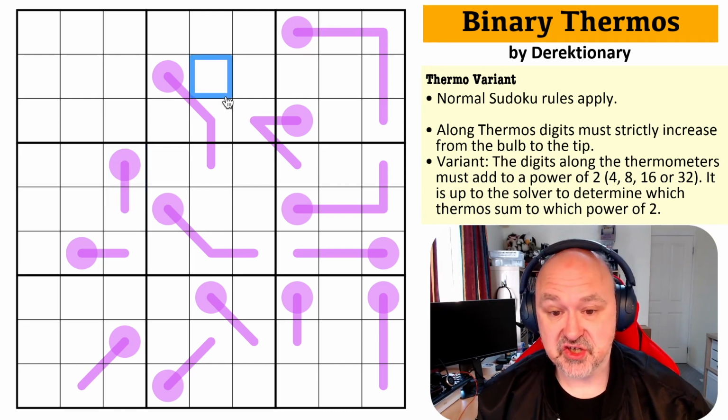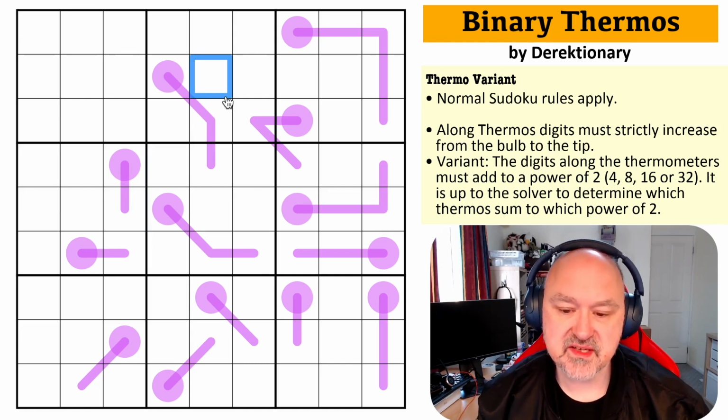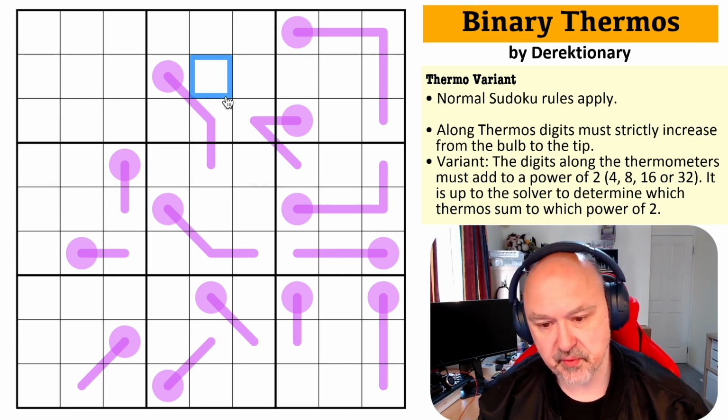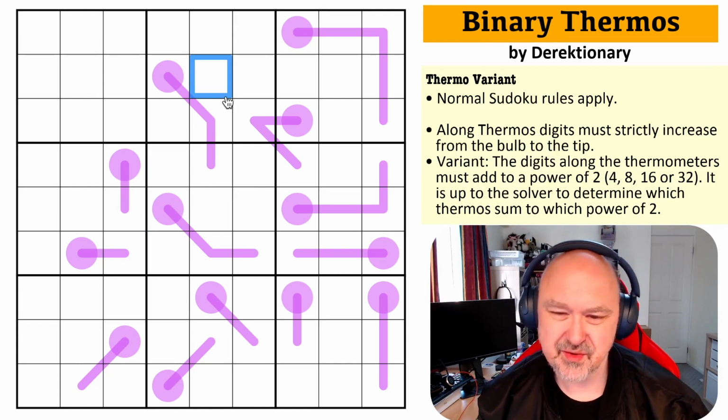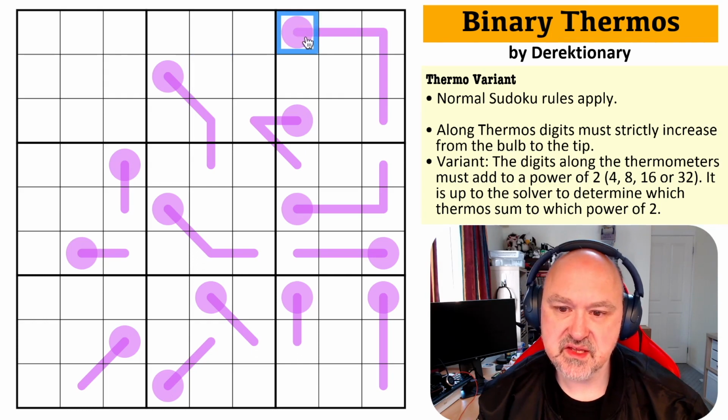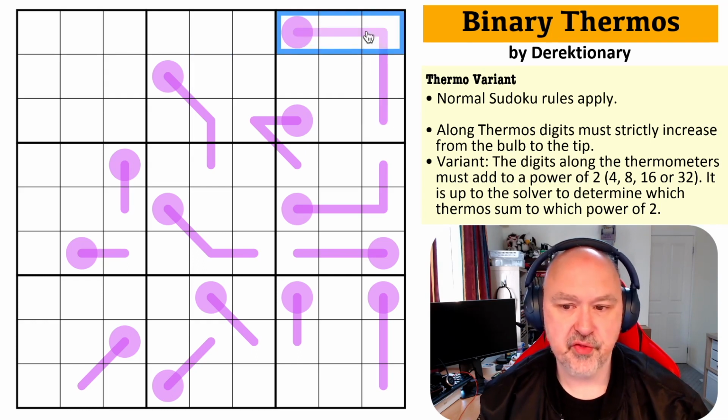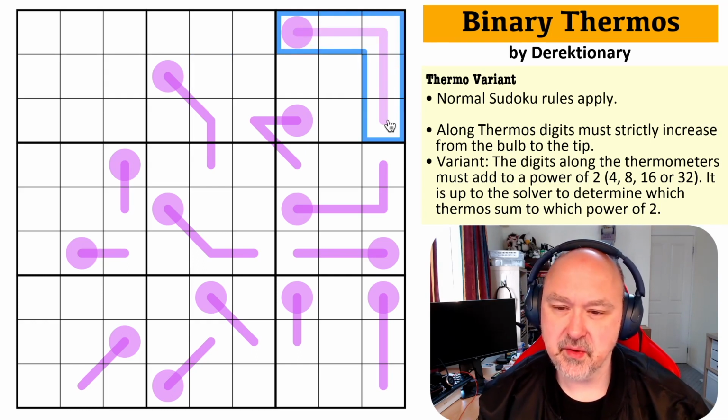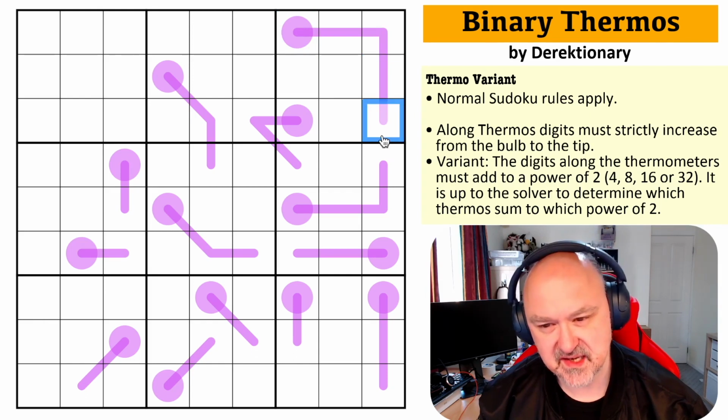Let's give this a shot. So basically they work as killer cages where the digits will be placed in a particular order. So I really should be addressing this kind of like a killer puzzle. So this thermo cage is going to be either a 16 or a 32. If it's a 16, it's 1, 2, 3, 4, 6.